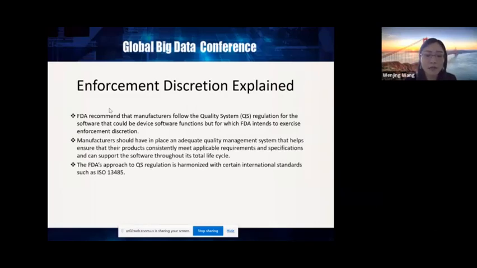And manufacturers could have in place an adequate quality management system that helps to ensure their products consistently meet the applicable requirements and specifications, and also supports the software throughout the total life cycle. And also FDA has an approach of harmonizing their quality system regulations with international standards such as ISO 13485.